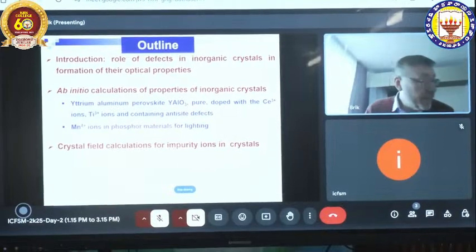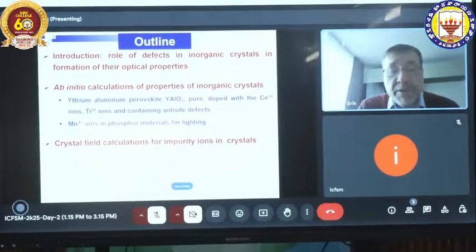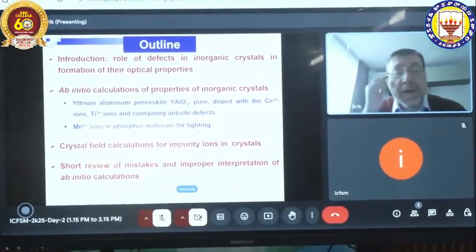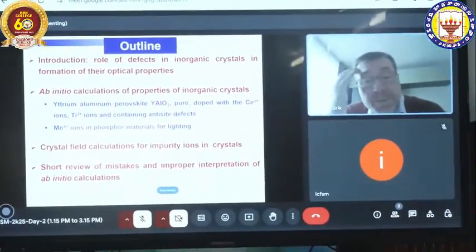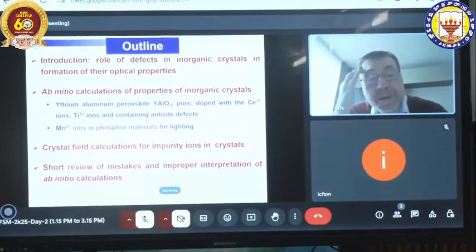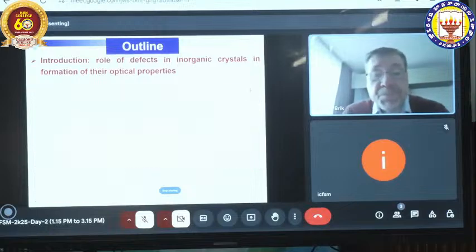I will give a few examples of crystal field theory, how you can use it to calculate energy levels of impurities in crystals. I also will give some short overview of some mistakes or improper understanding of our initial calculated results, and I will finish with a set of conclusions.